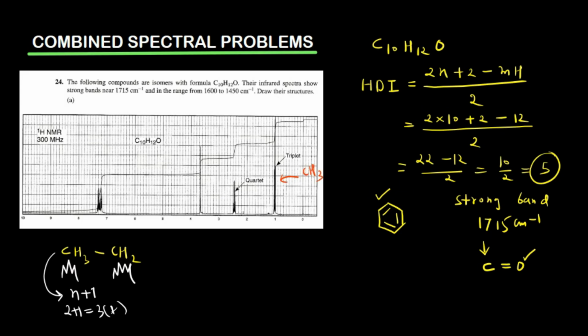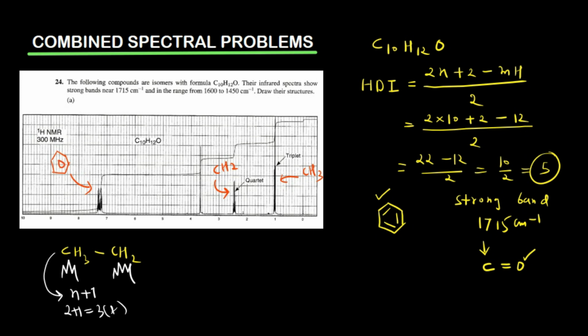Later we will decide where we can connect the CH3, which carbon or which oxygen or which carbonyl. And then this quartet is the signal due to the CH2 group, which is this one. And then you have this signal, which is for the benzene ring, phenyl hydrogens, right?